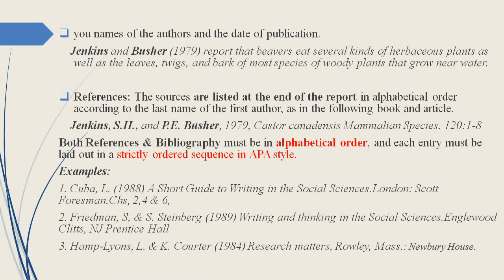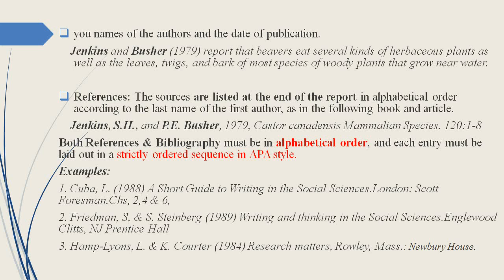Now let's see an example in English-speaking countries. Actually, they use APA style. In APA style, citation is a form used when we are writing a paragraph. For example, here you can see the names of the authors and the date of publication.